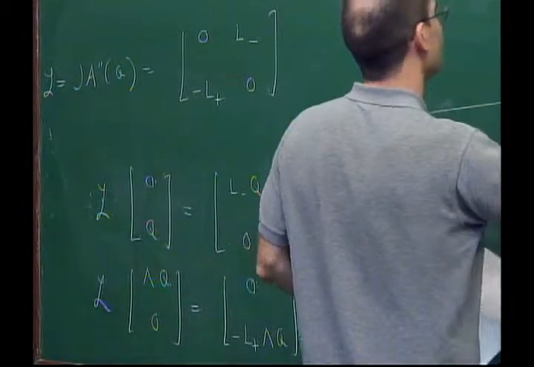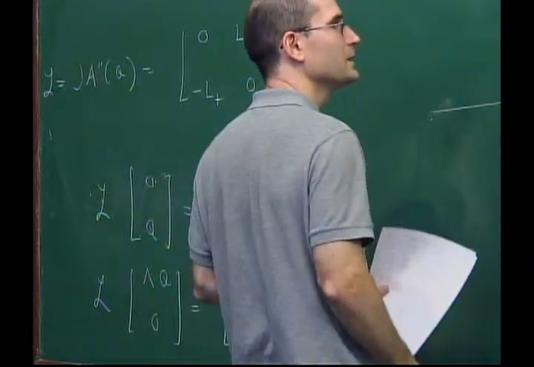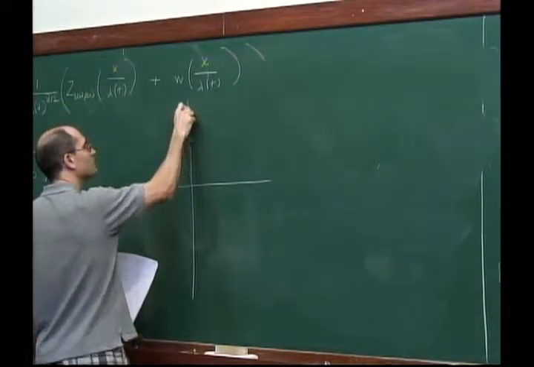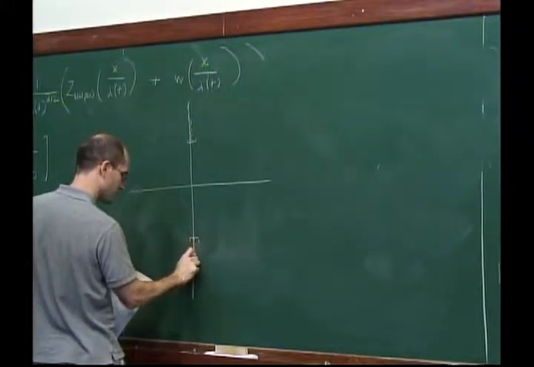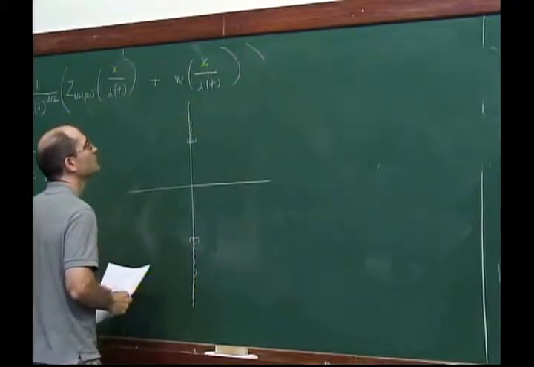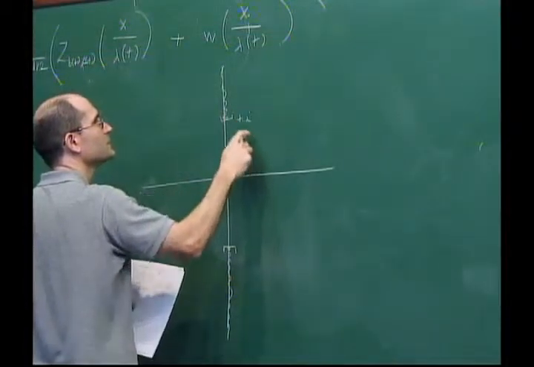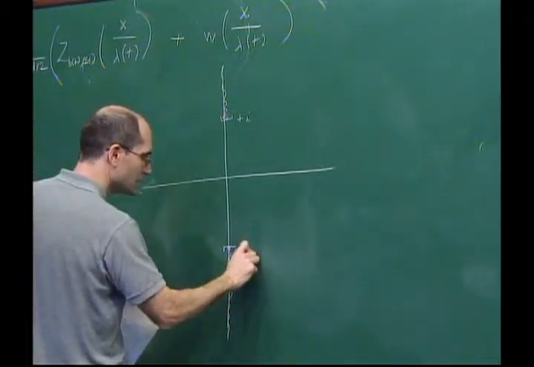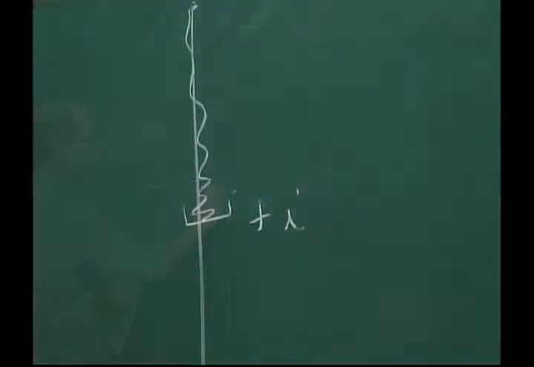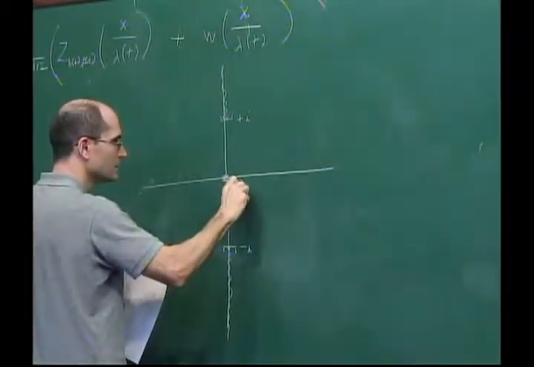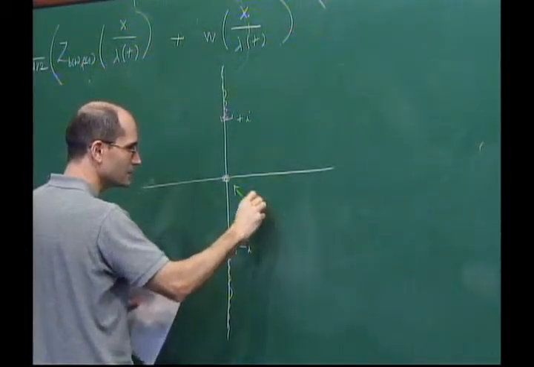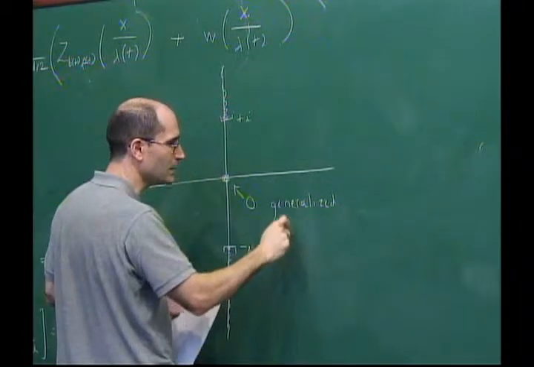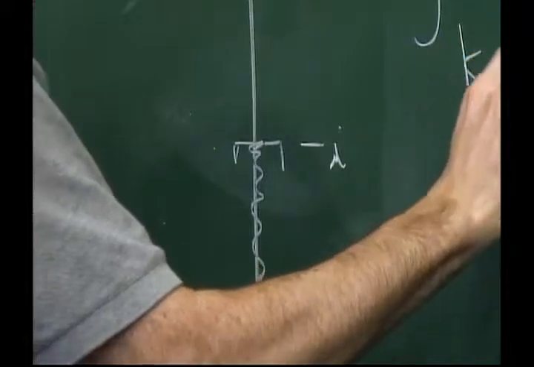So the spectrum of L, so if I draw real and imaginary axes, turns out the spectrum of L goes, there's continuous spectrum from plus i up to plus i infinity, and minus i down to minus i infinity, and then there is 0, the generalized kernel. People say generalized to emphasize that it has a Jordan block structure.